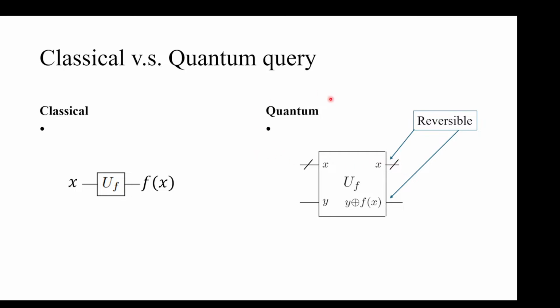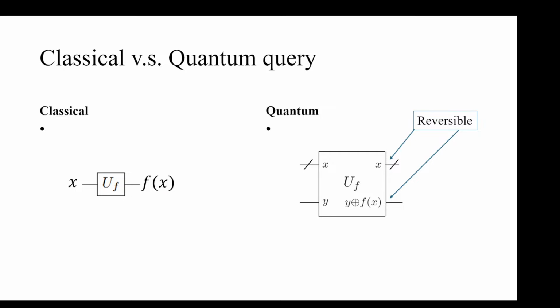So you want your quantum oracle to have a register that keeps the input x, keeps the information about the input. Because a quantum gate must be unitary, which means reversible, you must keep the information about the input so you can always reverse it, even if your f has very low information.